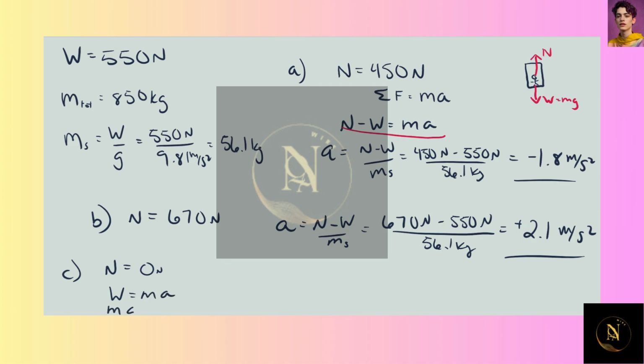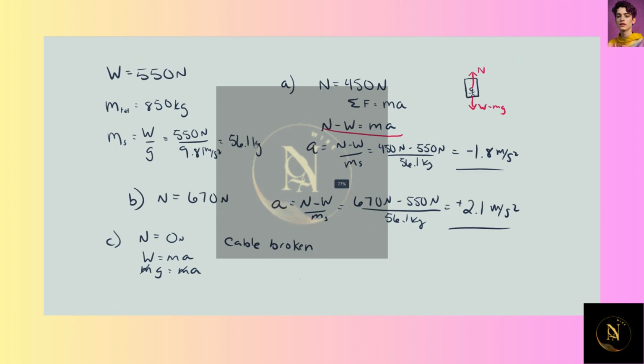That means mg equals ma, and our acceleration is now g. That's the same as when you're in free fall. So this means that the cable has broken. The elevator is in free fall, so they are falling, and obviously that is bad. So that's the answer for part C.